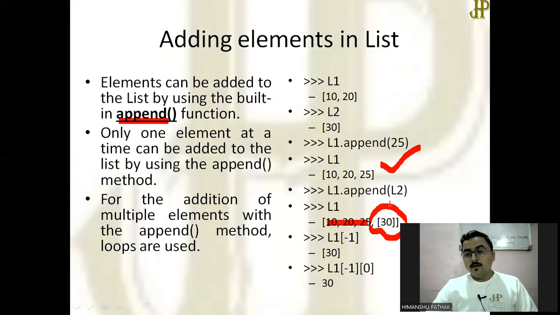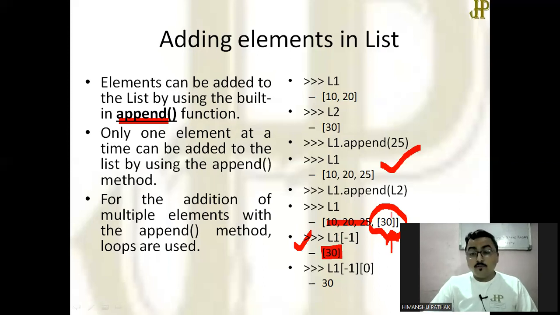The fourth element is the list itself, so it means a list in a list. If I try to fetch this value by using L1 minus 1, then at that position there is a list. That's why it is printed like this as a list with the help of brackets.